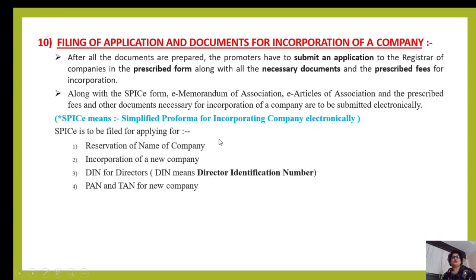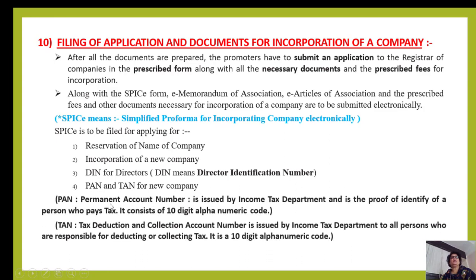When we submit and apply with this SPICe, at that time the reservation of the company name, the application for incorporation of a new company, and the DIN number are also given. That means the director identification number, and also the PAN and TAN of the new company. PAN means permanent account number. This number is related to the income tax department.